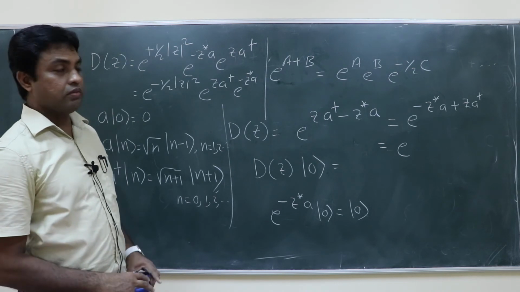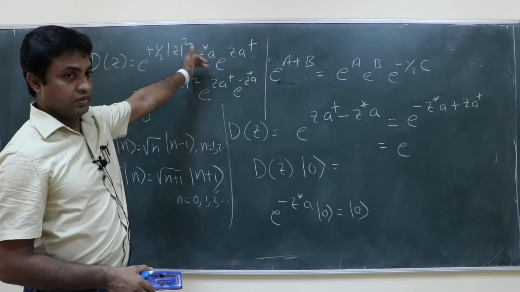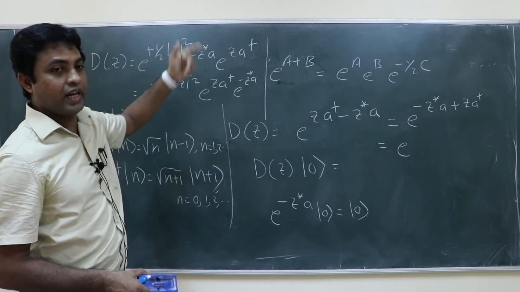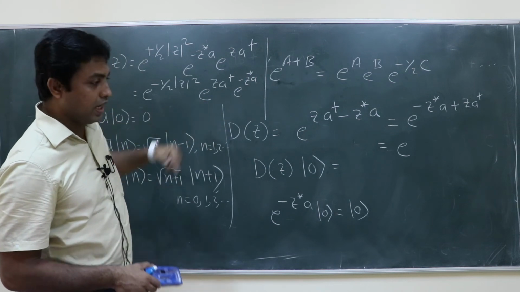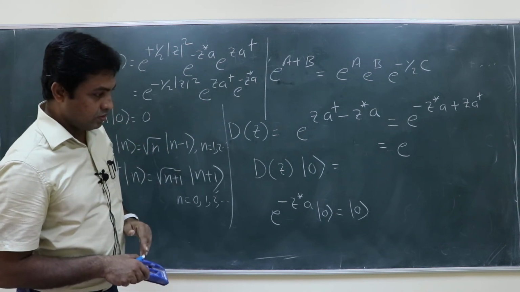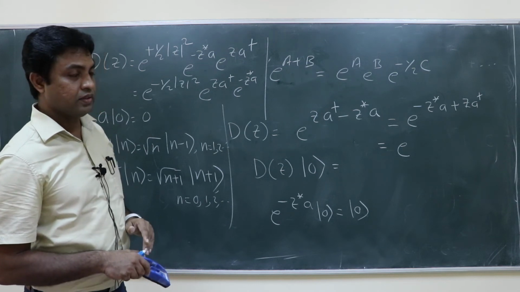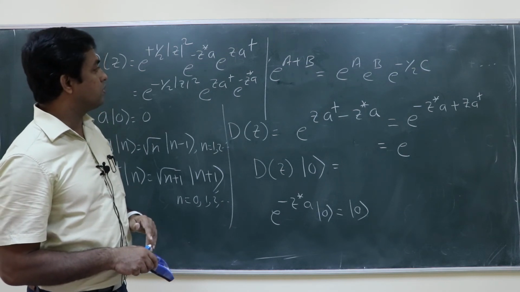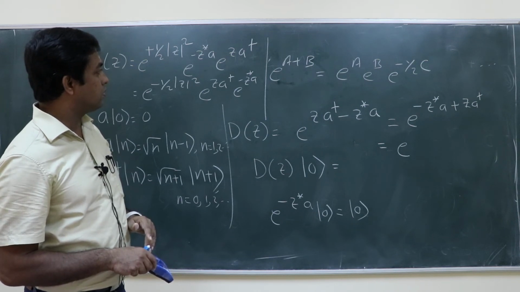Is this the reason you should use this one? Let us hear what other people are saying. Yes, sir, the second formula would be easier. Why? Because all terms will go to 0, so it is easy to manipulate further terms.